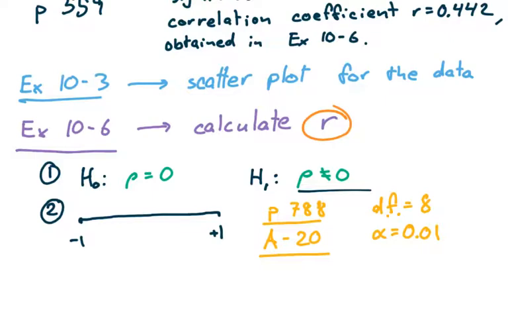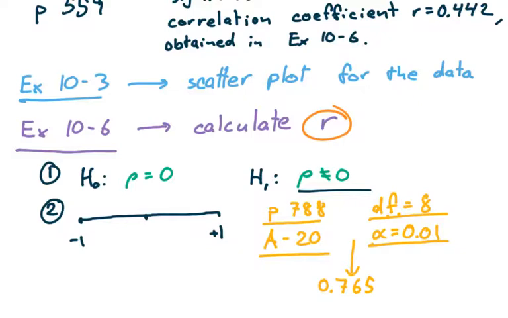Alpha equals 0.01. And basically, we're just looking in one row for the degrees of freedom and one column for alpha. And the value that we get is 0.765. So that value was pretty easy to find.